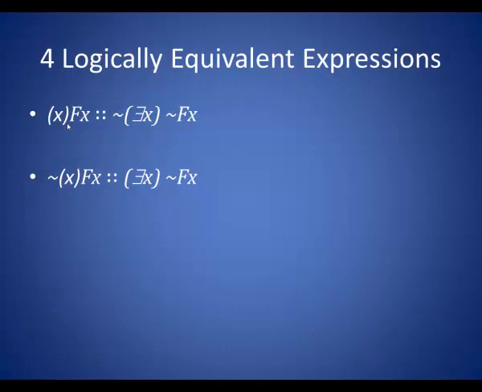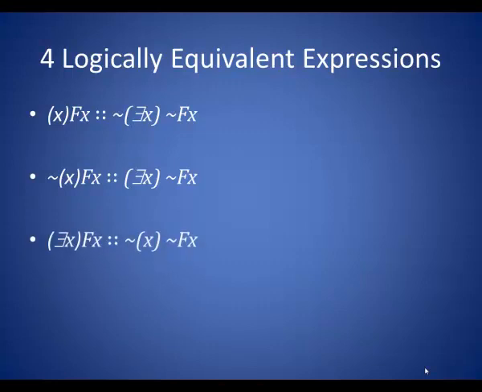We'll go through each one of these individually, but let me just move forward for a moment and show you all 4 of the logically equivalent expressions, and then we'll go through each and every one on its own. So the second one says it is not the case for all x that x is f. It's logically equivalent to there exists an x such that x is not f.